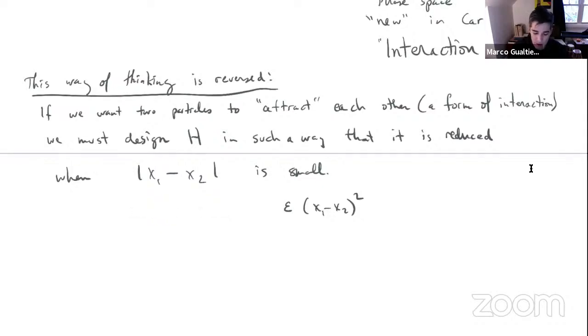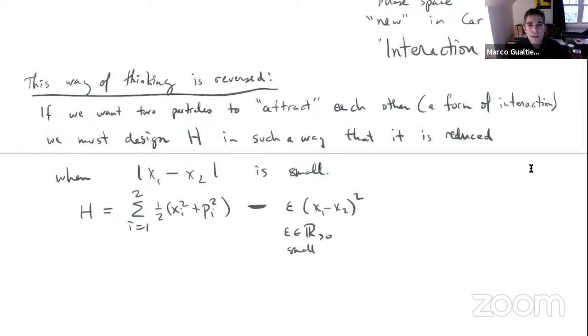So we could do something like this: the sum of 1/2 (xi plus pi squared), where i goes from 1 to 2, and then some small number epsilon, and you subtract it. Okay. I haven't done any work of figuring out what the system is going to behave like. I have no idea. But I know that it's energetically favorable.